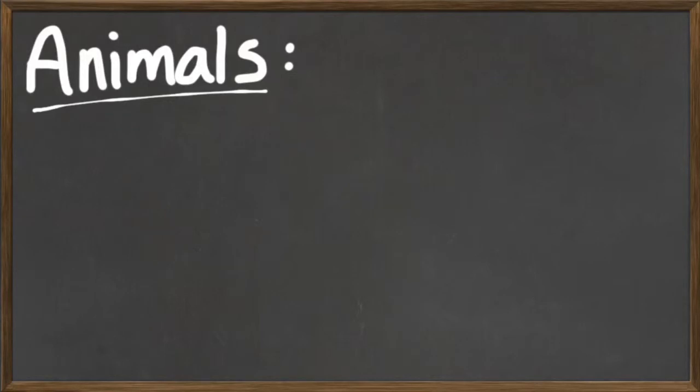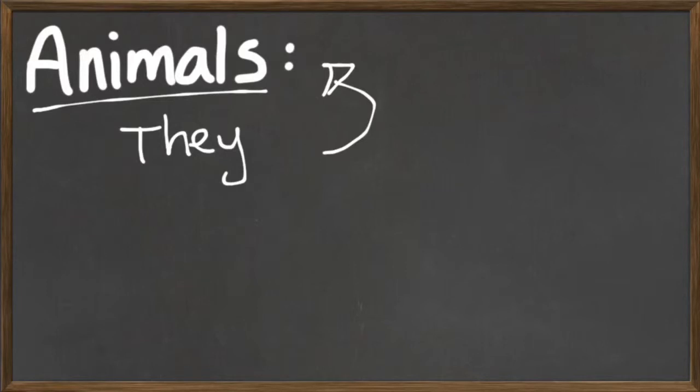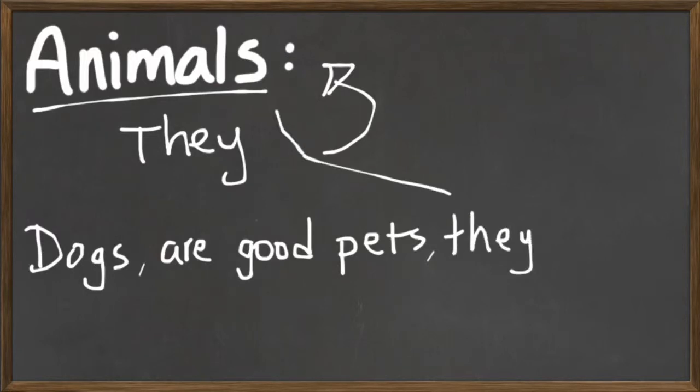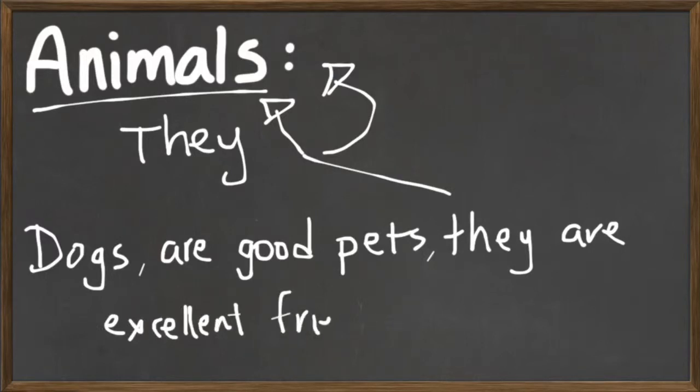Okay, so we have they to refer to dogs. For example, we can say dogs are good pets, comma, they, remember we're talking about the dogs, they are excellent friends, or they make excellent friends.